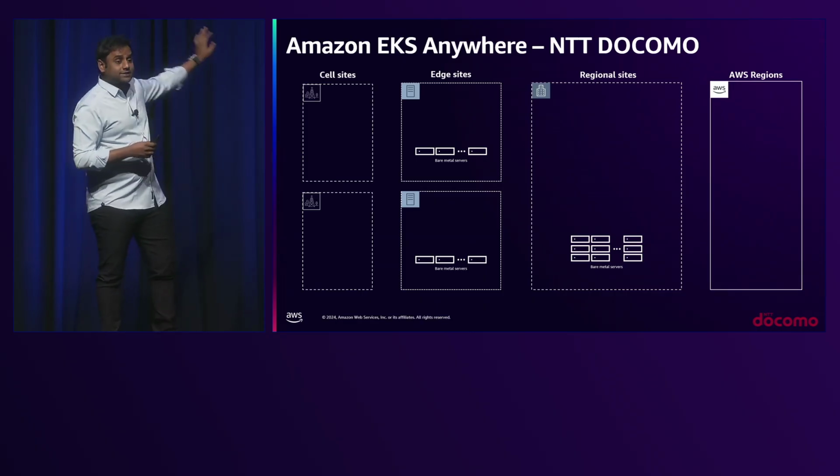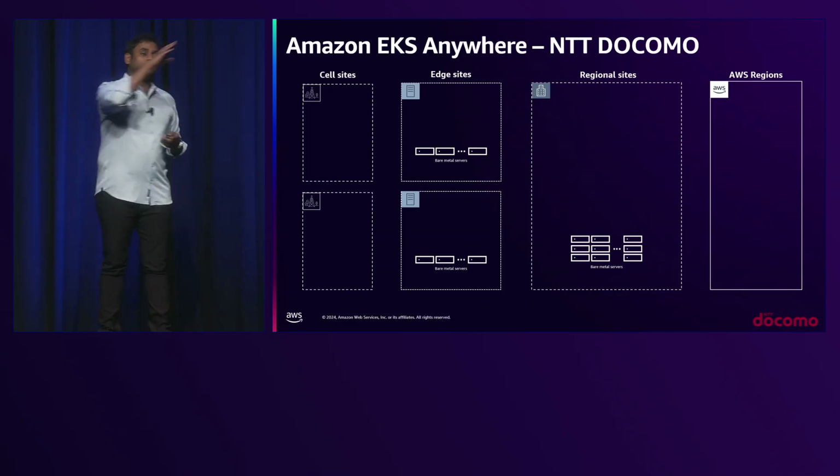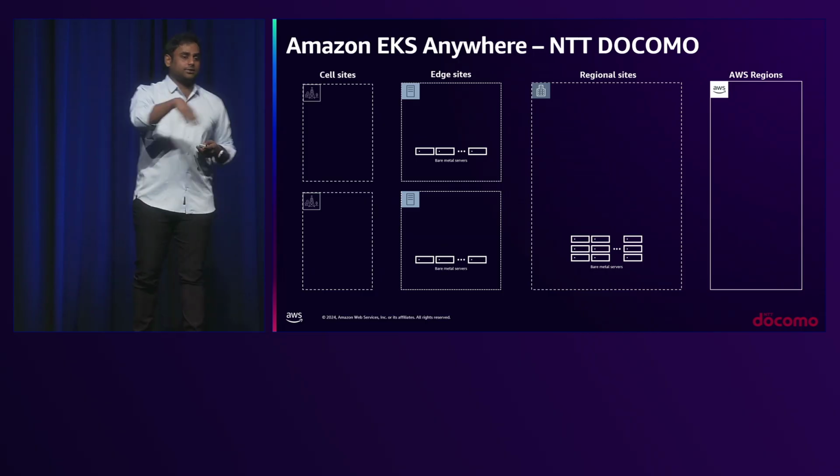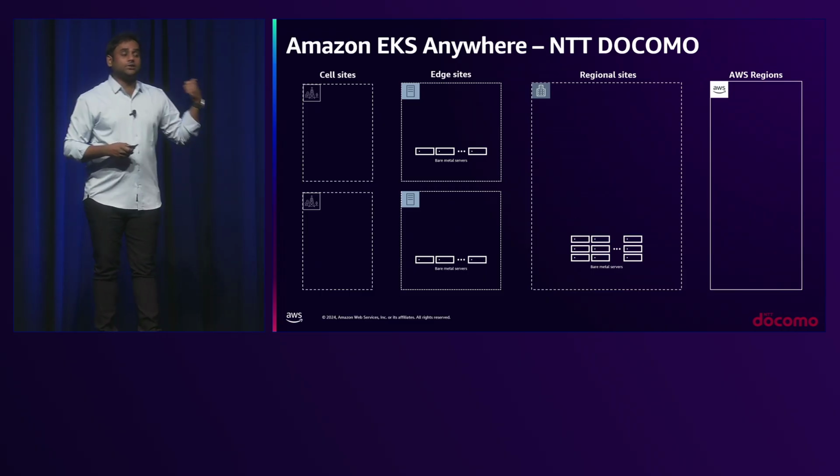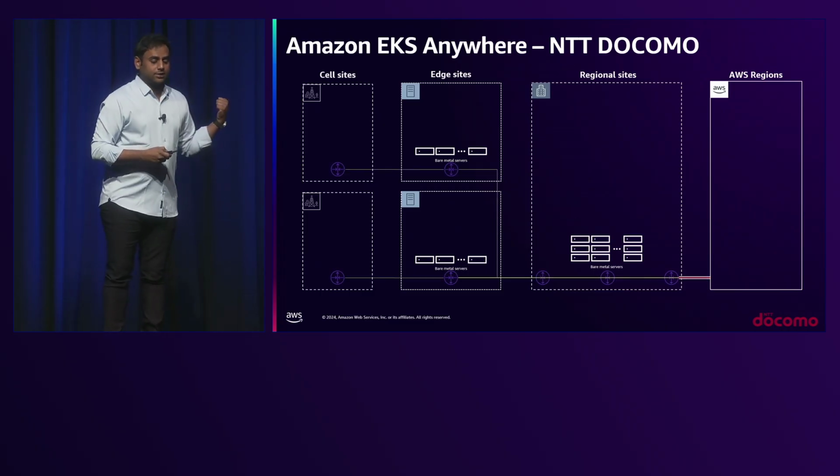And the cell sites are the farthest edge sites in a cell topology, where they can only host single node clusters because the cell sites can only host a specific set of hardware. So this is the stretched topology that is usually seen with our telco customers.